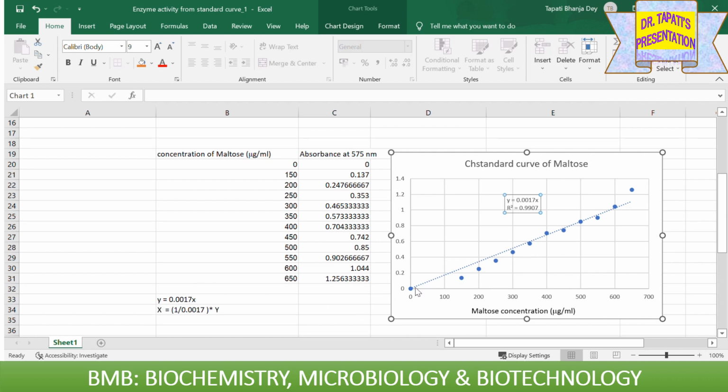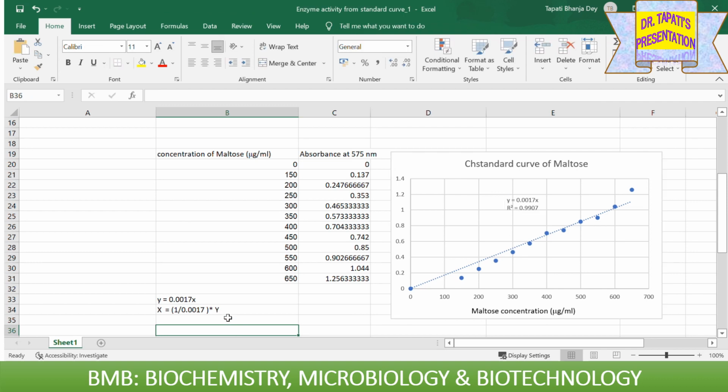If we know the OD or absorbance value, that is the y value, for an unknown sample, then we can calculate the maltose concentration or x value from this equation.